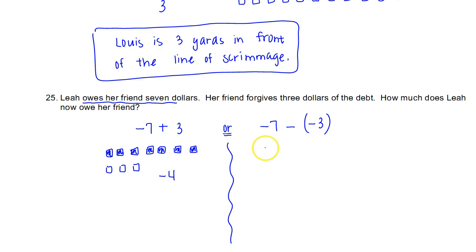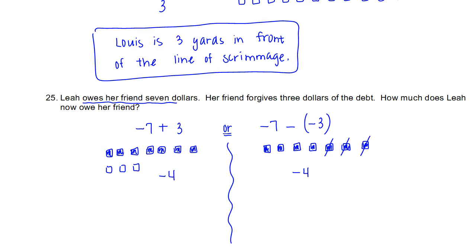If I model the subtraction expression, I'm still starting with 7 negative chips, but this time I'm taking away 3 negatives. So I'm just going to remove 3 of those negative chips, and notice that I still have 4 negatives remaining.